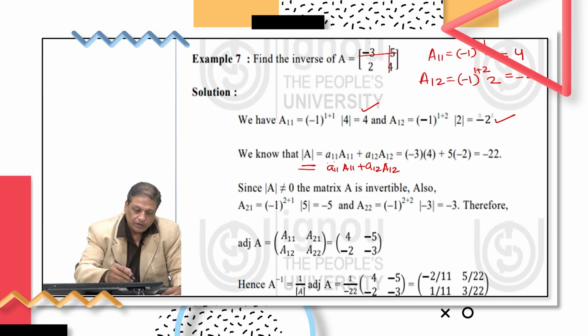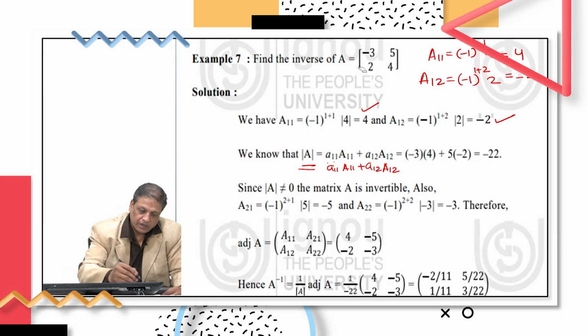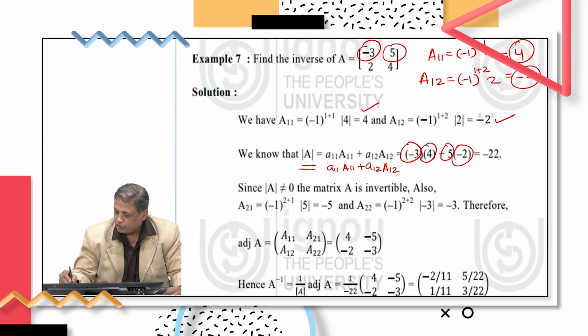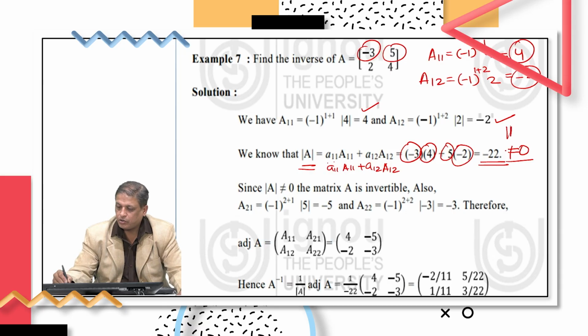A11 is minus 3, capital A11 is 4, A12 is 5, and the cofactor A12 is minus 2. Performing the calculation, you get the answer minus 22, which is not equal to 0. So the determinant of A is not equal to 0, which satisfies the condition.